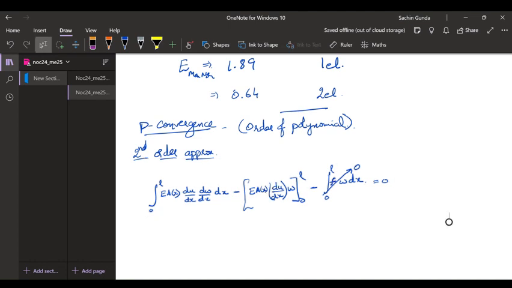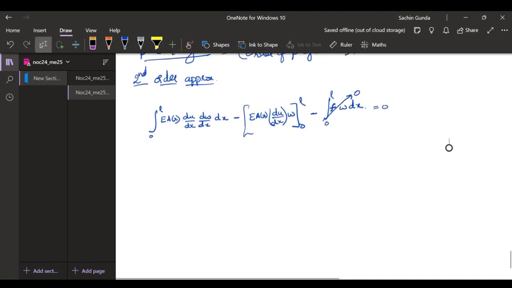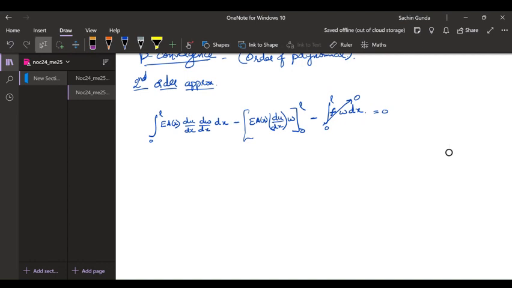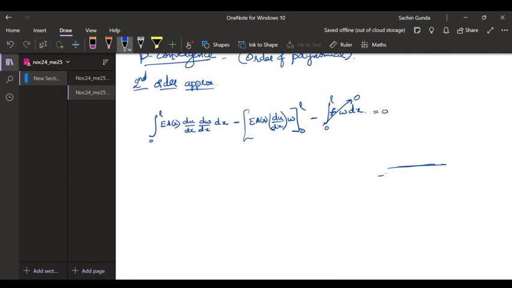So this is the weak form expression which I have, and for the second order approximation we'll use standard shape functions in a local coordinate system from -1 to 1.